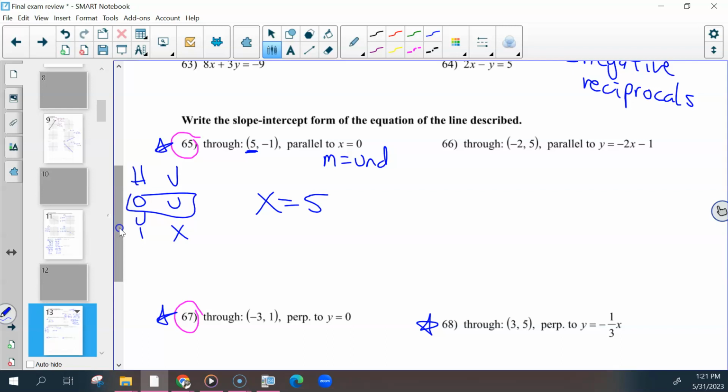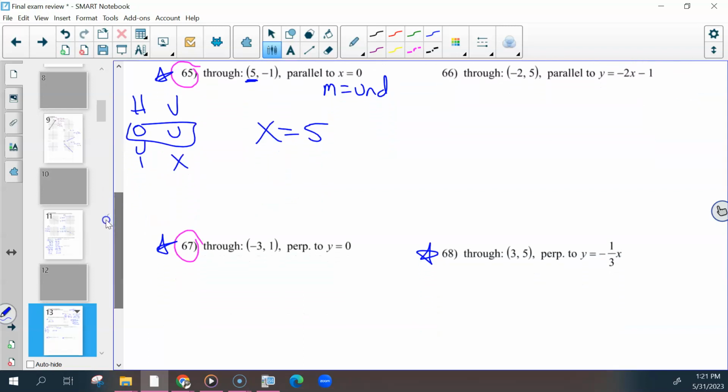67 is very much the same. If this is a y equals, the slope of this line is 0. If it's perpendicular to this line, it's going to be opposite. So instead of it being a 0 slope, it's now going to be an undefined slope.